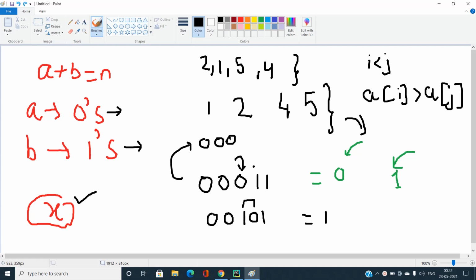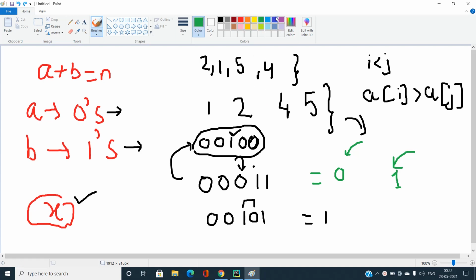I am just considering 1 over here, then 0 and then 0. So this is the array whose inversion count is coming out to be 2. You can see this 1 with the 0s gives an inversion count of 2.